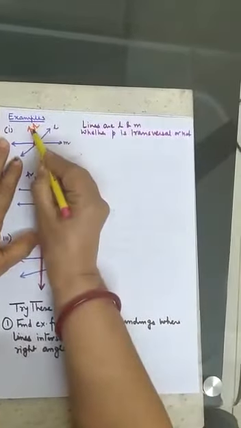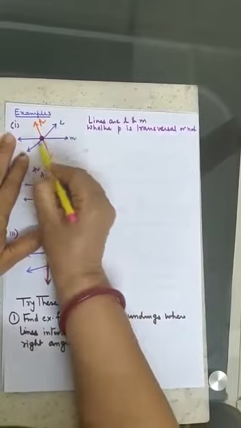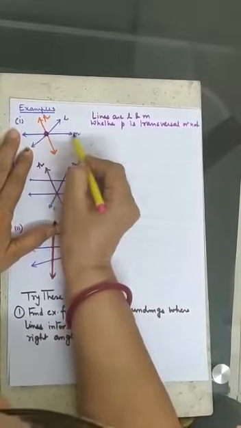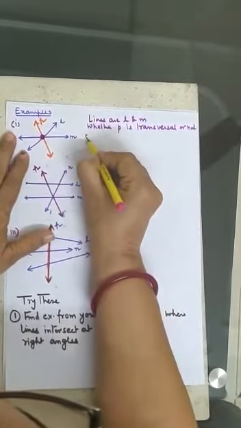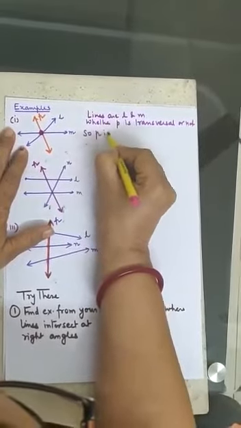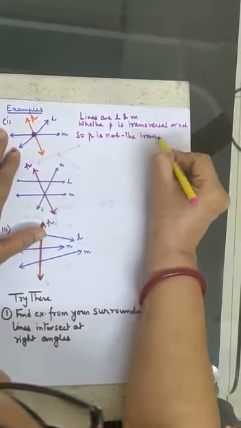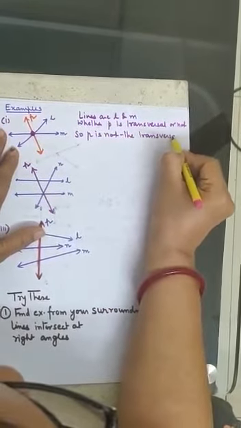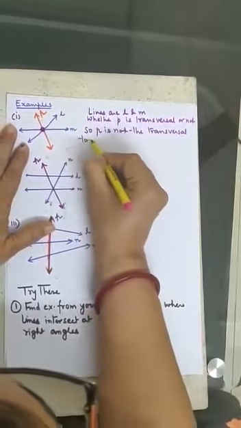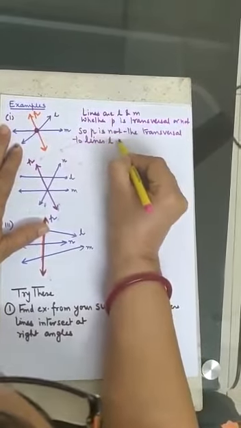So we will say that P is not the transversal to lines L and line M.